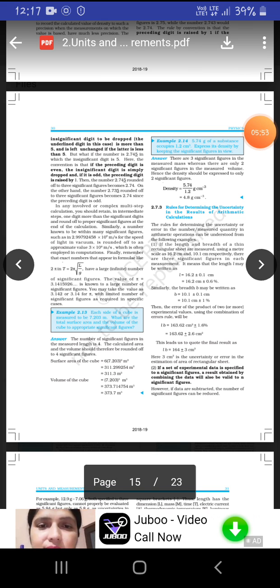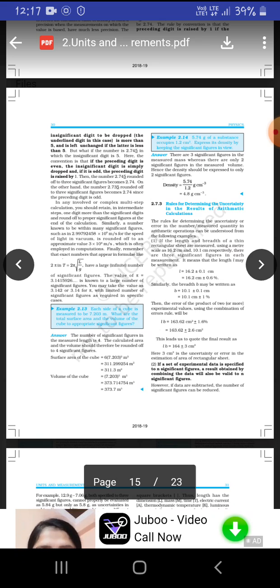Centimeter is equal to 10 millimeters, so like that only we should take, and 1 percent we will get. Like that only we have to write it. When we multiply both, we calculate and get 163.62 plus or minus 2.6 centimeter.